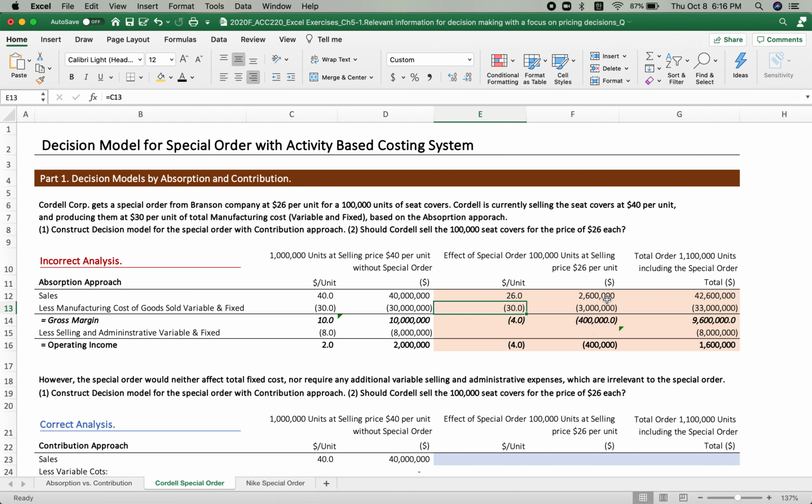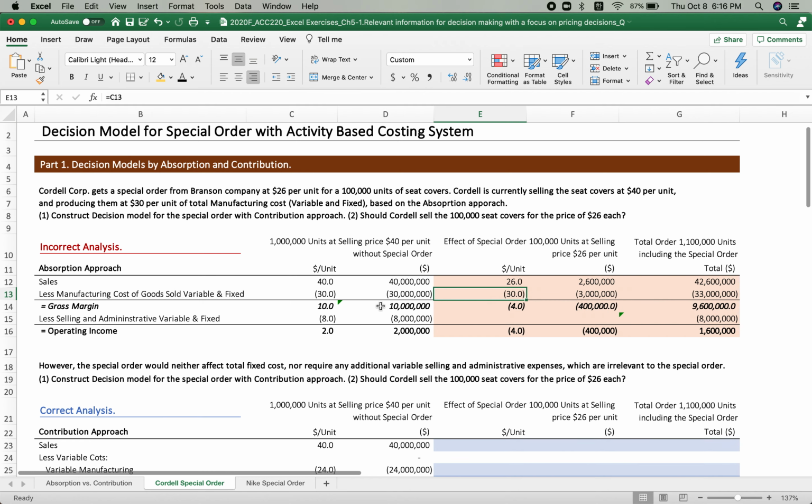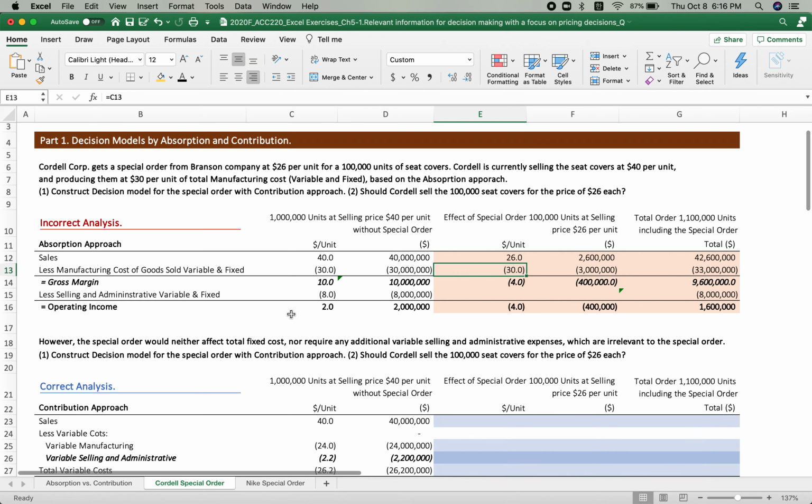But the problem of this absorption approach is that it does not identify the variable cost and the fixed cost. If we segregate the variable cost and fixed cost into manufacturing and selling and administrative, we will have a different result.